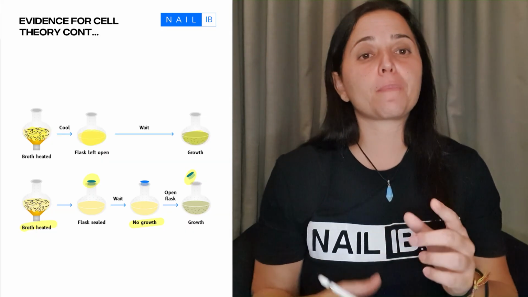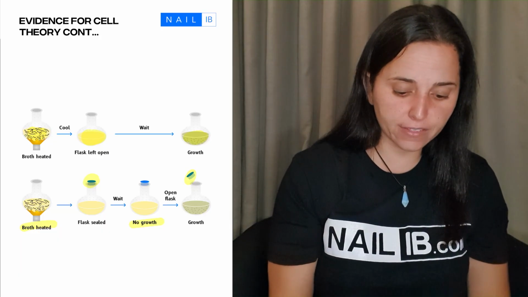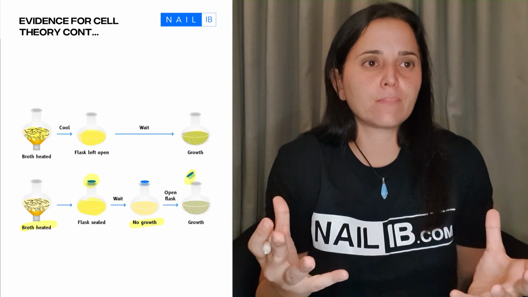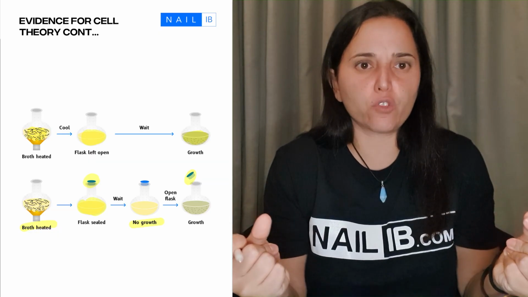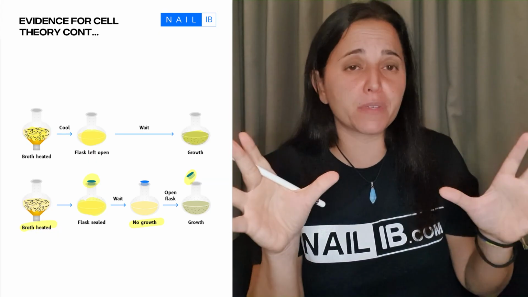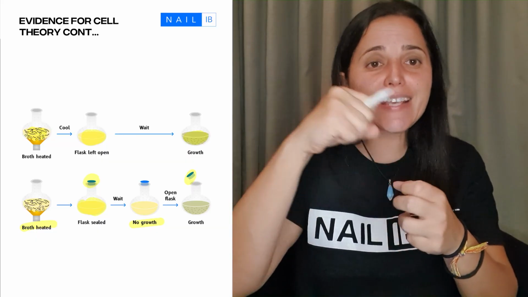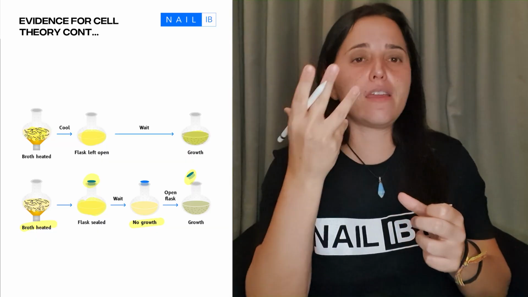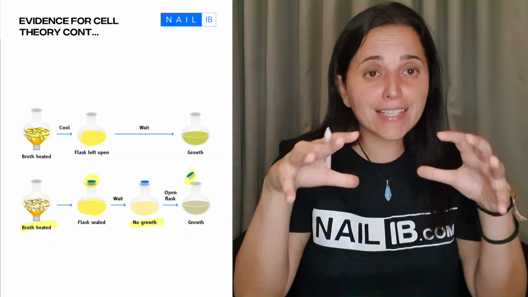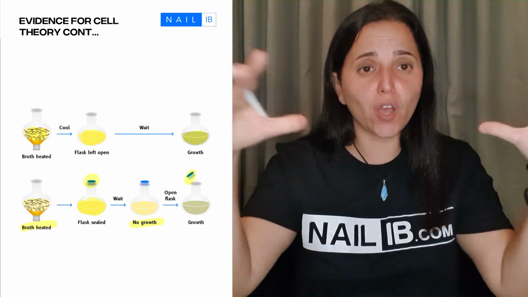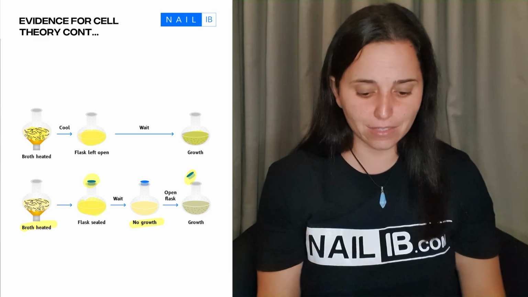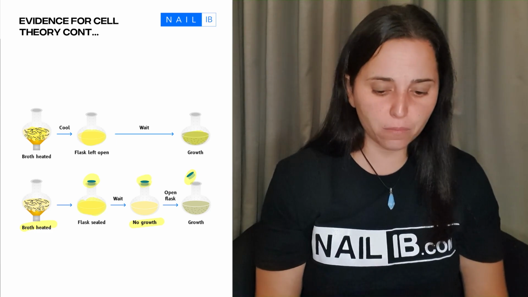He's basically saying, well, when I sterilized this and there was nothing that could come in, if you're saying that things just pop out of nowhere, then there should have been microbes in there even if I lock this thing up. But no, because when I open it, what is in the air? Microbes, bacteria. They landed and they start reproducing, and that's how you had the growth. So he proved this by breaking the sealed flask, and that's how he proved it.